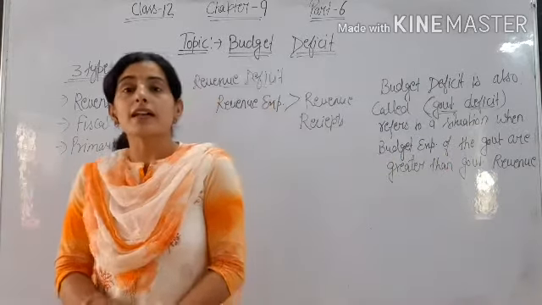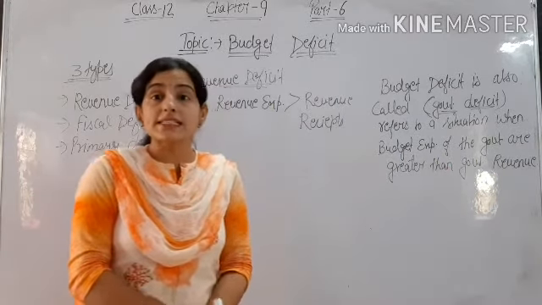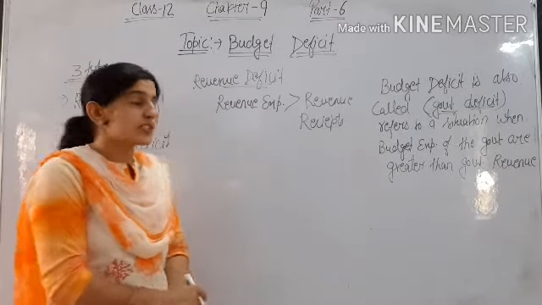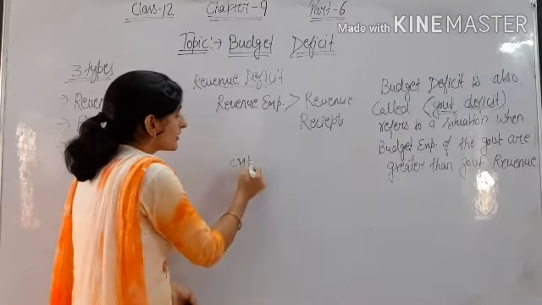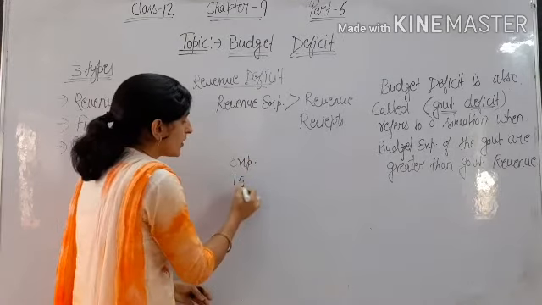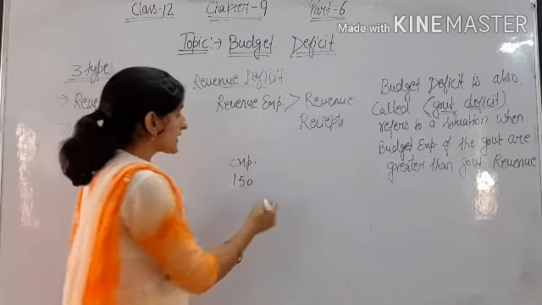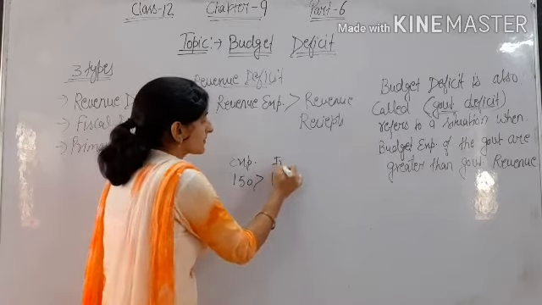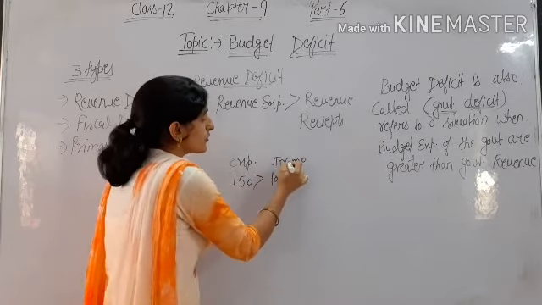For example, if your income is less than your expenditure, what will you do? For example, you have 150 expenditure that is greater than your income of 100.